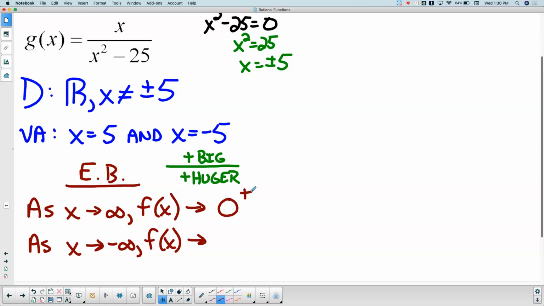Because you're squaring it, right? So the bottom stays positive. The only thing that changes going to negative infinity is the top is now negative. Bottom stays positive, because you're squaring it and then subtracting 25. Still a positive number. So what's this one going to go to? 0 from below.